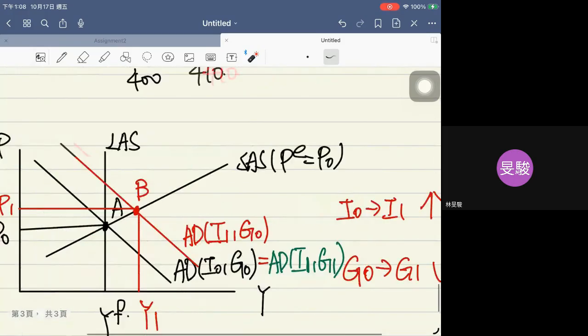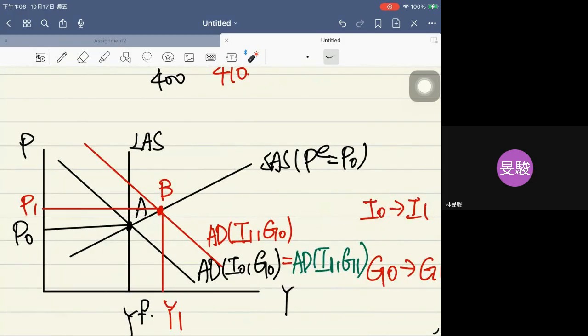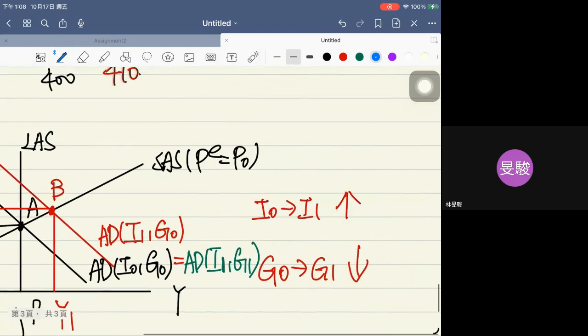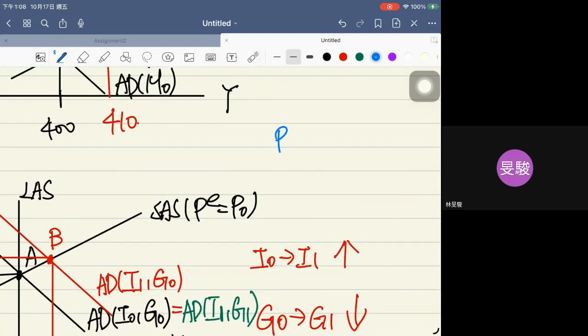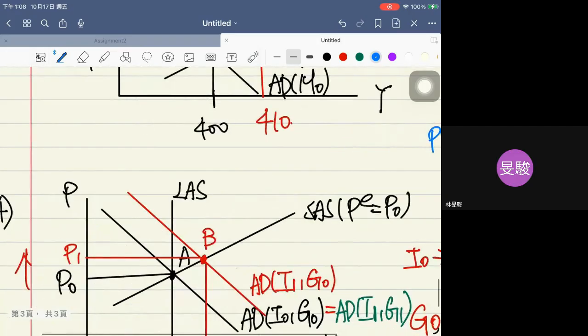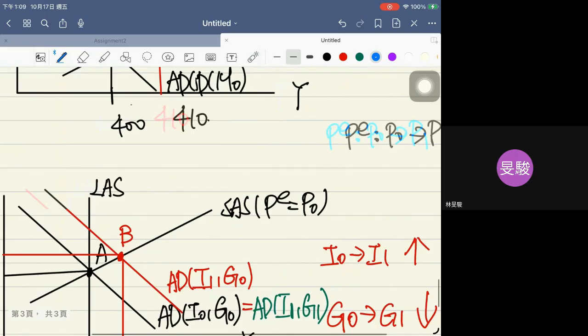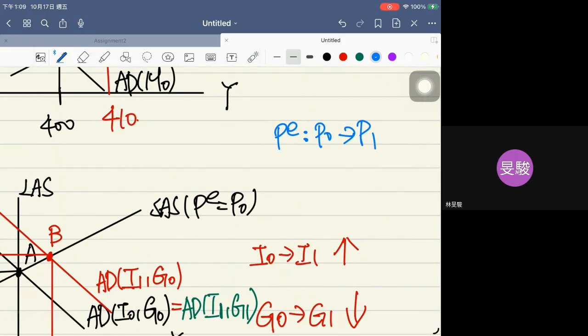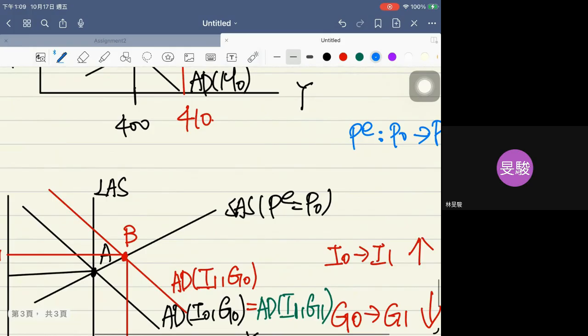It means that the expectation will go from P0 to P1, because the price level rises, so the expected price level will also rise. So this makes the SAS shift upward, and the output will go back to the original.